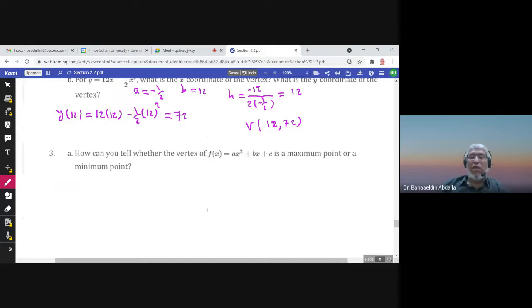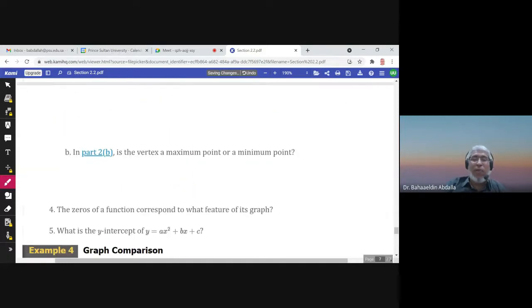How can you tell whether the vertex is a maximum point or a minimum point? If a is less than 0, the parabola opens downwards and the vertex is the maximum point. If a is greater than 0, the parabola opens upwards and the vertex in this case is the minimum point.